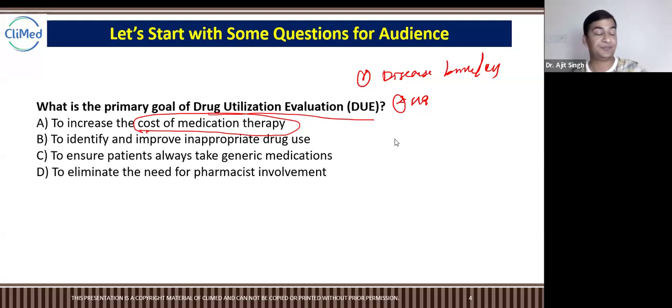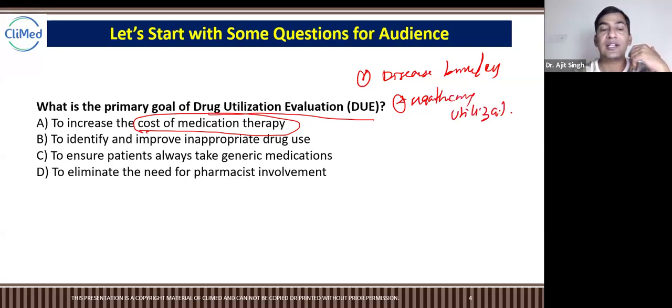So the drug cost is nothing but the disease burden or healthcare utilization. In that, we work on the cost analysis, cost benefit analysis, and all that we talked about in the last course.